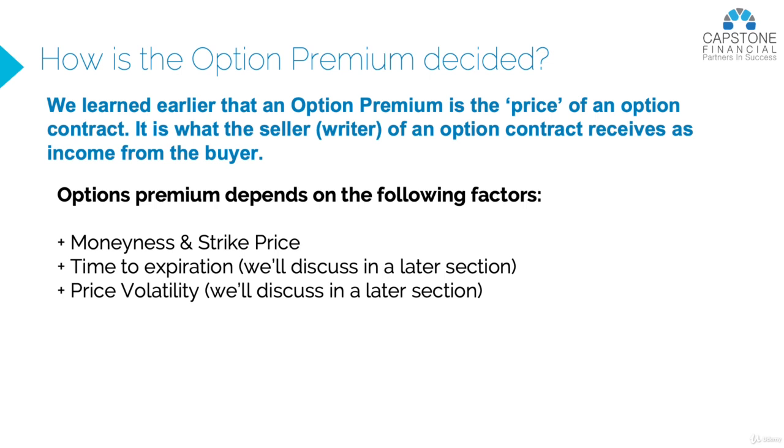If we need Apple to go from $100 to $110, if we give ourselves 2 days for that to happen, the option itself is not going to be very expensive because Apple will need to do something extraordinary in order for it to go from 100 to 110 in 2 days.